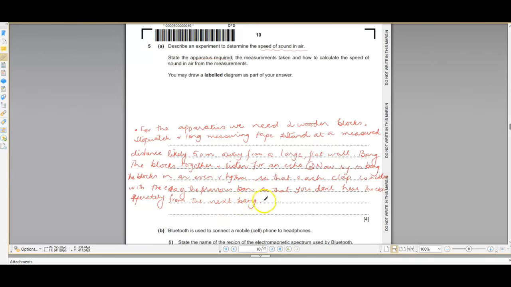Thirdly, your partner should measure the time for 20 of your bangs.